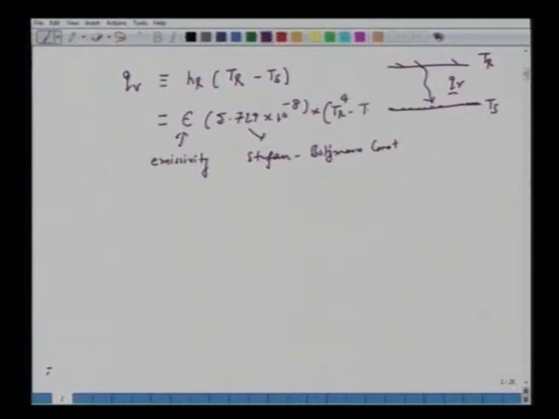Again, you go through previous lecture notes on heat transfer or some textbook on heat transfer. So heat of radiation is given as emissivity multiplied by the Stefan-Boltzmann constant, which is estimated as 5.729 times 10 to the power minus 8, into Tr to the power 4 minus Ts to the power 4. The unit of this number you should be able to recognize: it should be watt per meter square Kelvin to the power 4. So this Qr heat flux is watt per meter square.